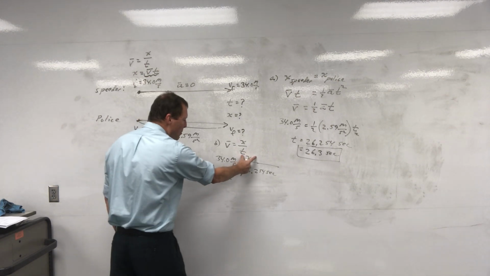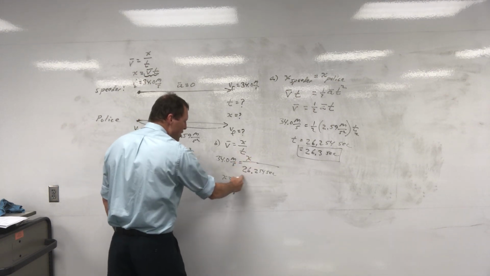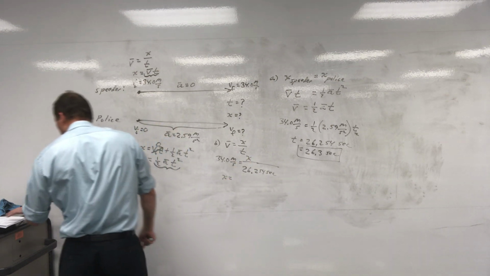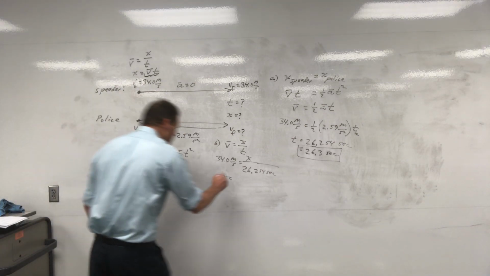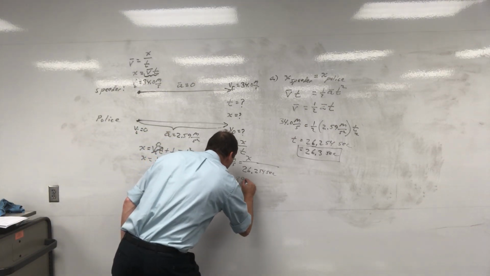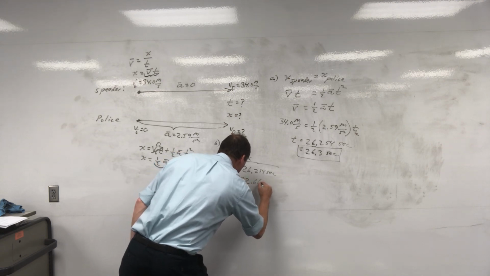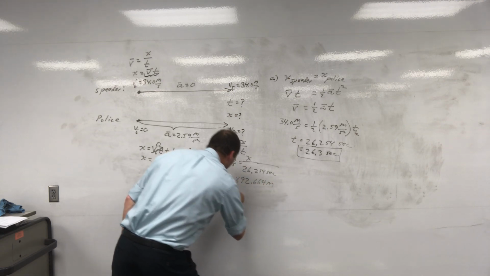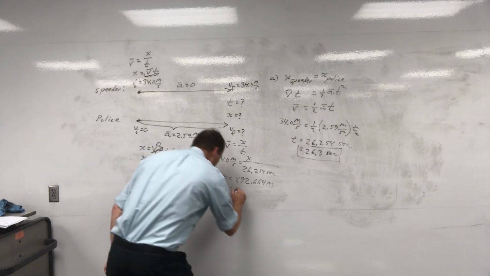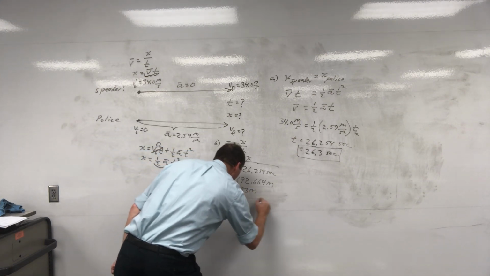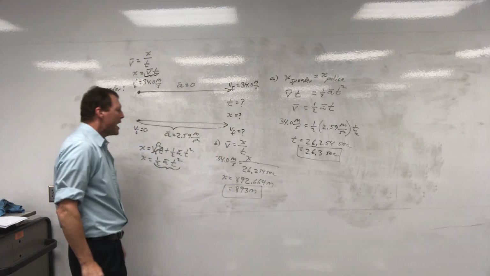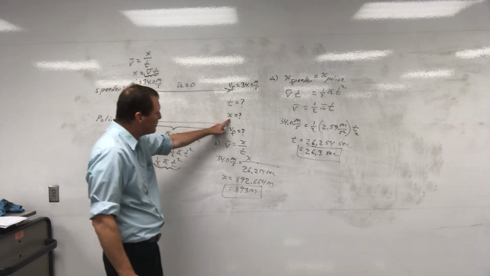I want to get this guy all by itself, so I multiply both sides by this. And my displacement turns out to be 892.664 meters. I'll round off to 3 significant digits. 893 meters. And we're done with that part.